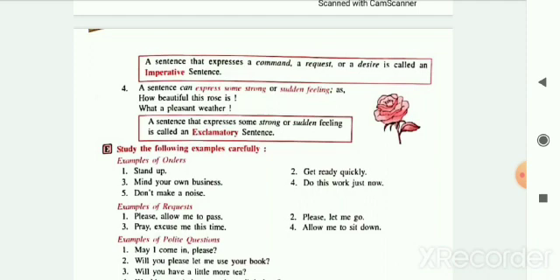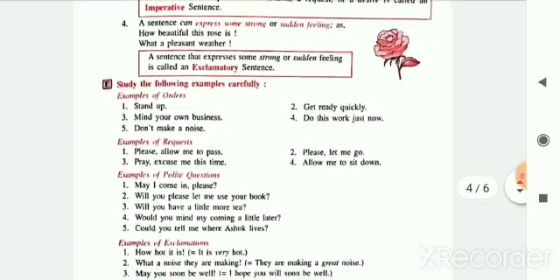Now the fourth one is again easy, exclamatory. What do we mean by exclamatory? When you're expressing your strong feelings and desires, you're showing your emotions. Such sentences are exclamatory sentences, and the name itself suggests we put an exclamatory mark at the end of the sentence or sometimes after the exclamation.